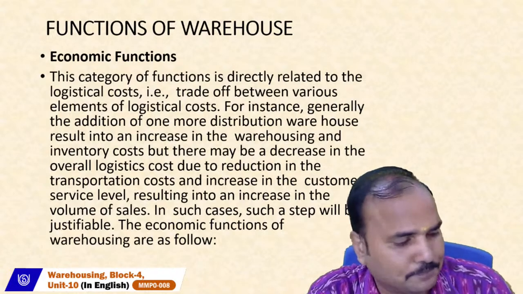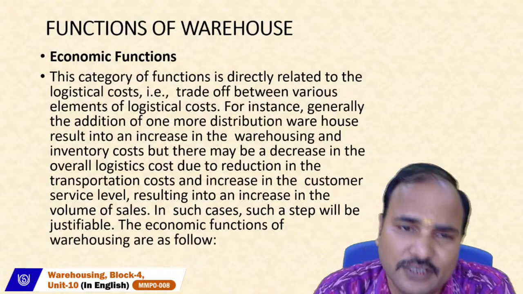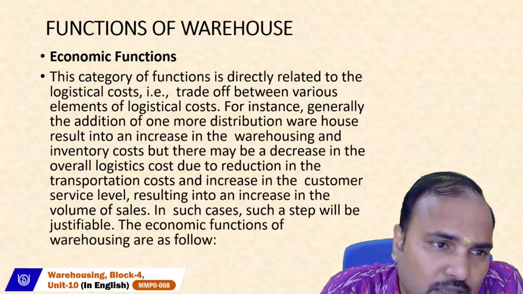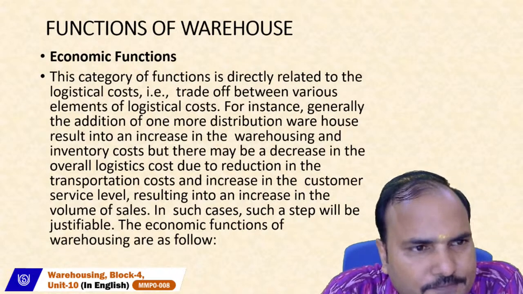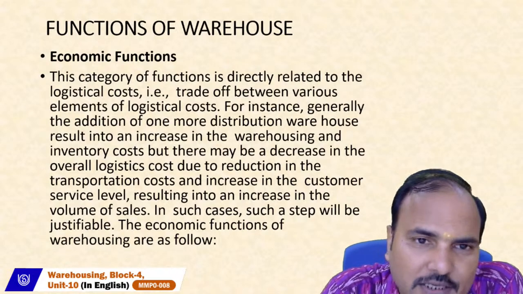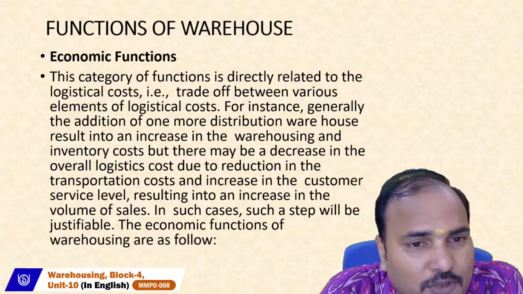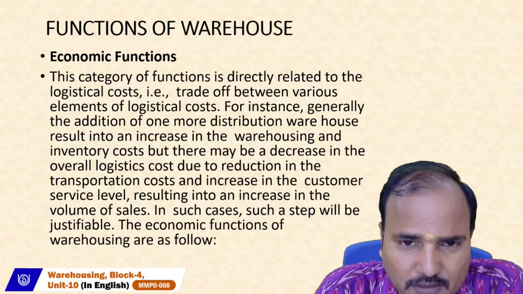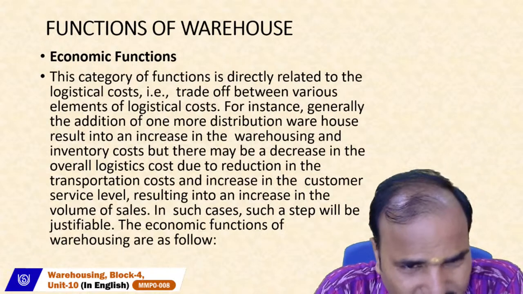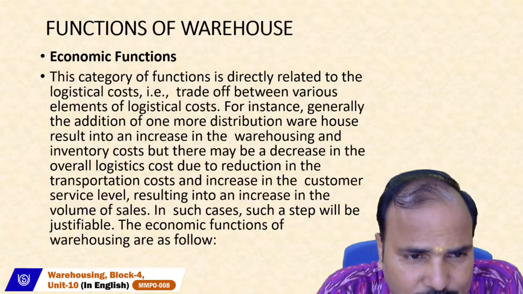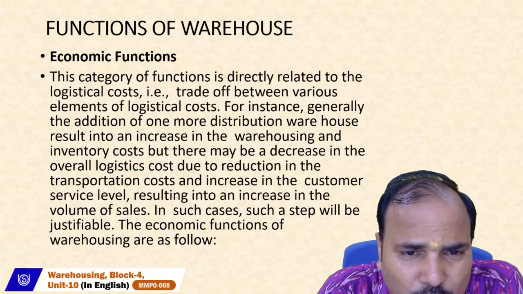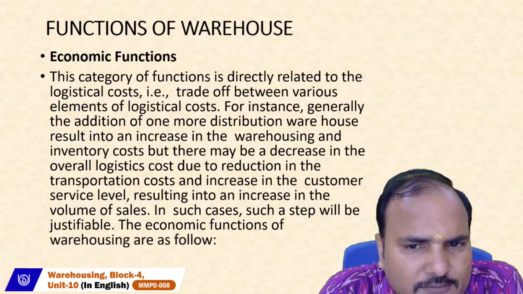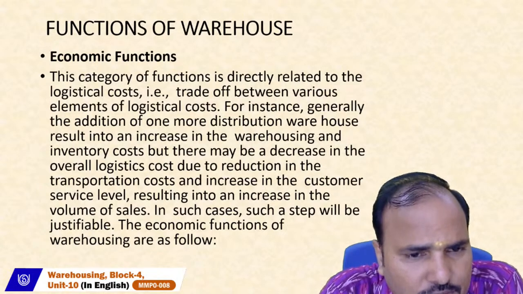In economic function, we can say this is a category of functions directly related to the logistical cost. That means the trade-off between various elements of the logistical costs. For example, generally the addition of one more distribution warehouse results in an increase in the warehousing and inventory cost.